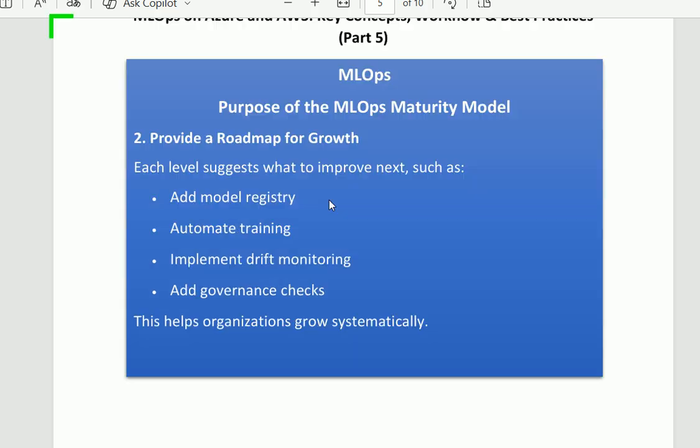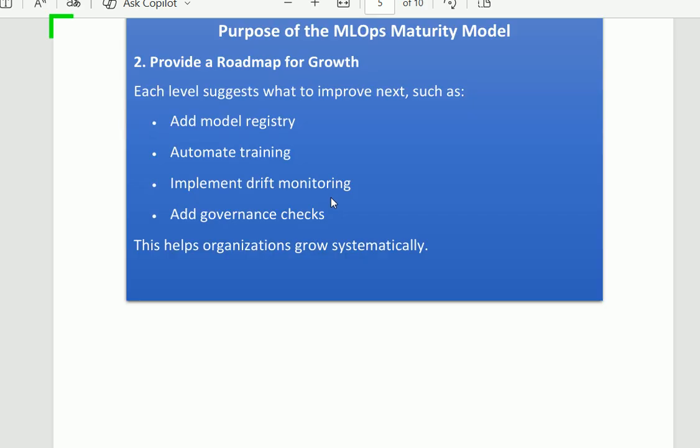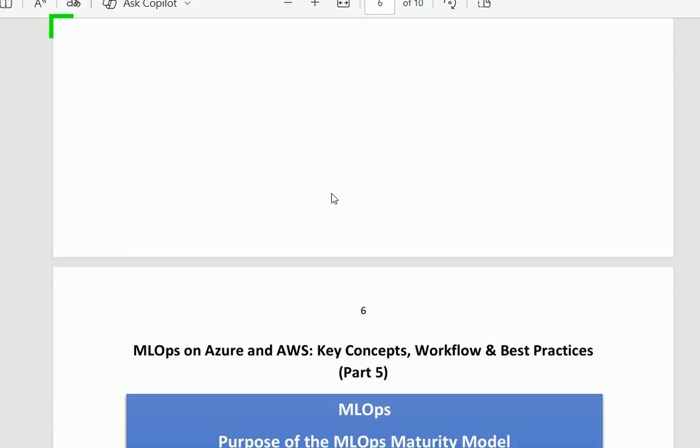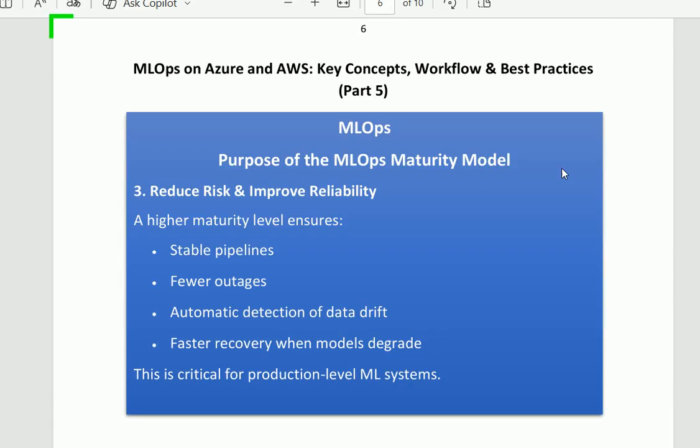The next purpose of the MLOps maturity model is to reduce risk and improve reliability.